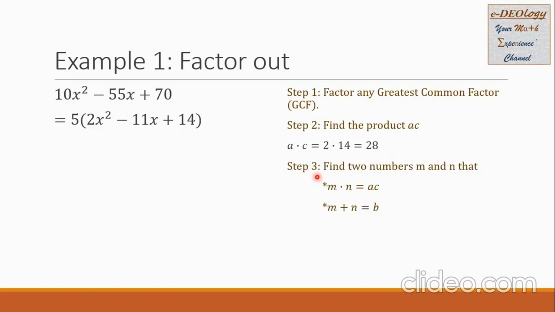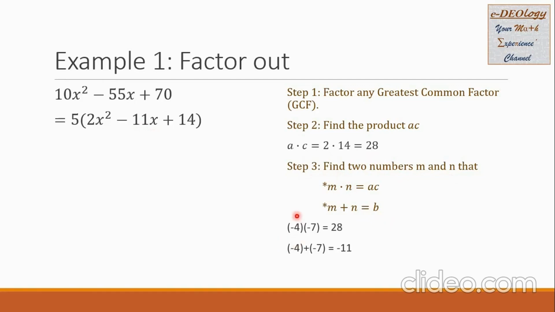In step 3, we're going to find two numbers that when we multiply these two numbers m and n, it must be equal to 28. But if we add the m and n, it must be equal to the b. And this b is the coefficient of the middle term of the trinomial.